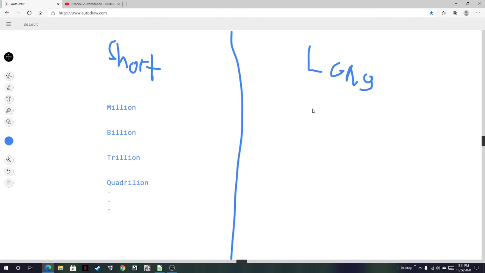But for long, you have 1 million, 10 million, 100 million, 1,000 million, and then 10,000 million, aka a billion, 100,000 million, 1,000,000 million, aka a trillion, and so on.